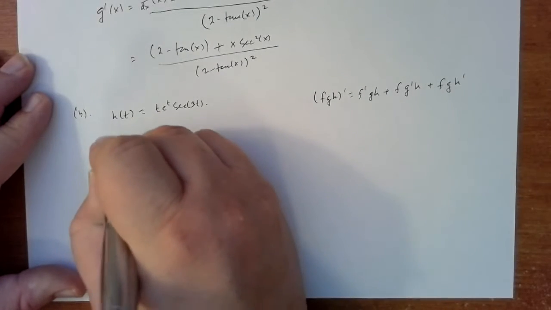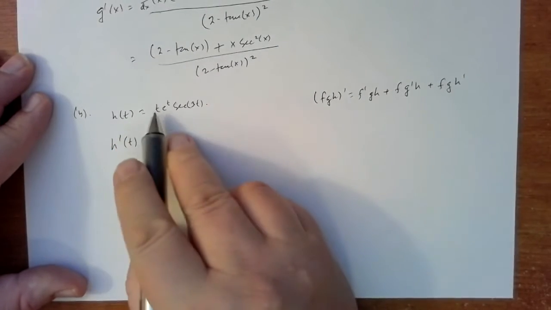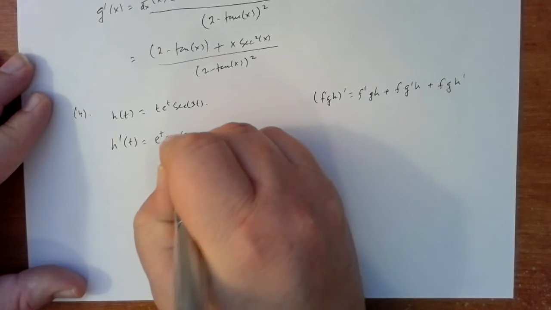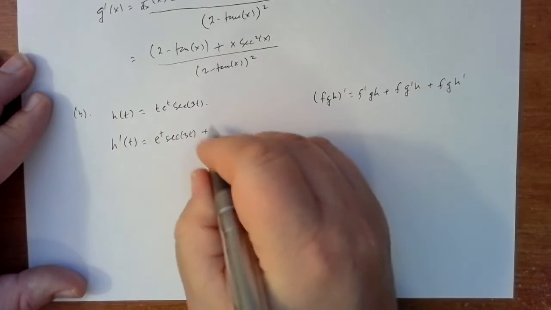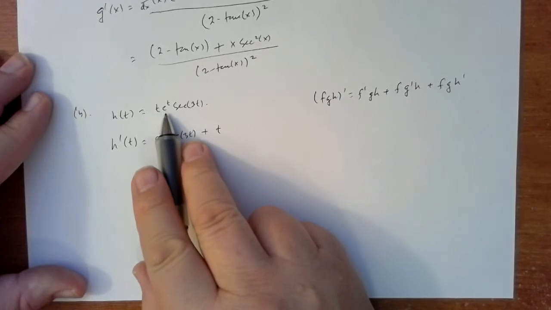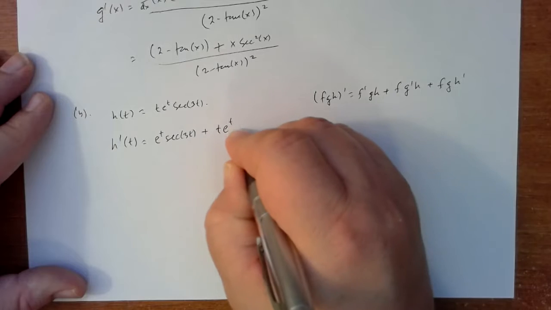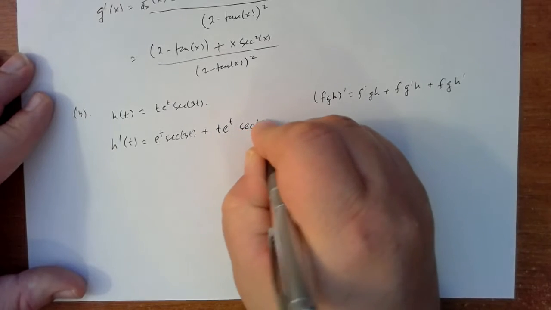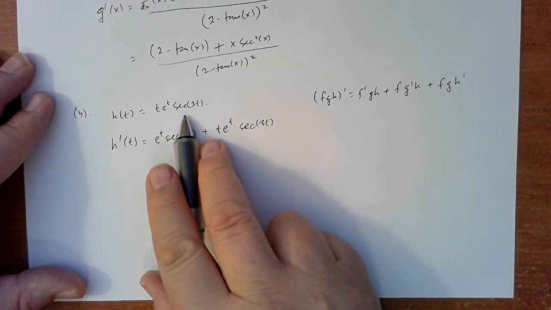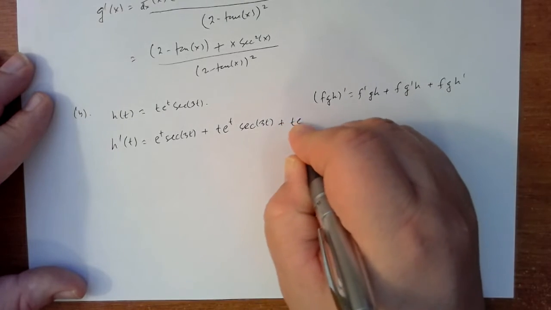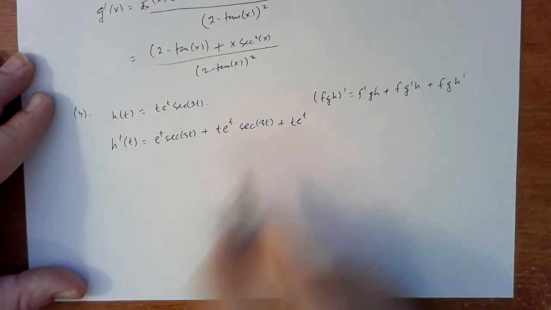And so h prime of t, derivative of t is 1, so the first one's just going to be e to the t secant 3t plus t times the derivative of the second. Derivative of e to the t is just e to the t, so that's going to look the same. And then the last function is the secant of 3t, so t e to the t times the derivative of the secant.